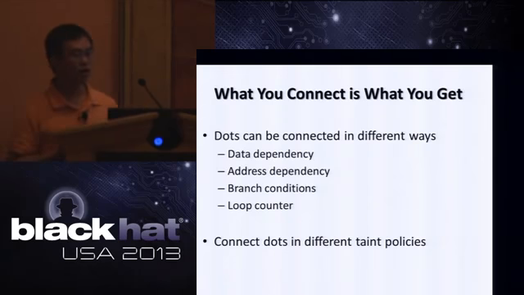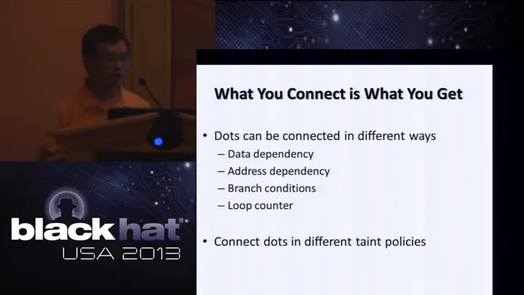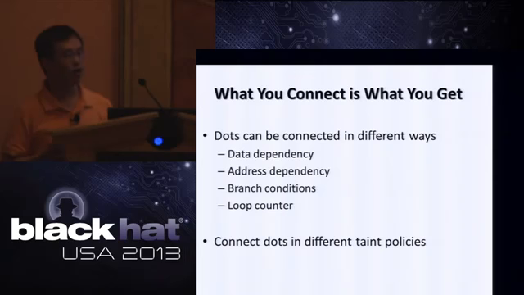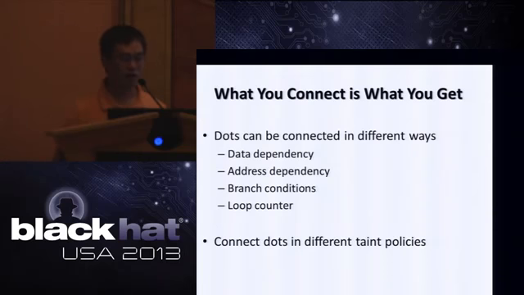The loop counter, I think, is of particular interest, because if you are able to affect the loop counter's value, you can in some way either cause an out of bound access or cause thread hunting with a huge number of loops. So connecting the different dots following different policies gets you different things you want to look at further.